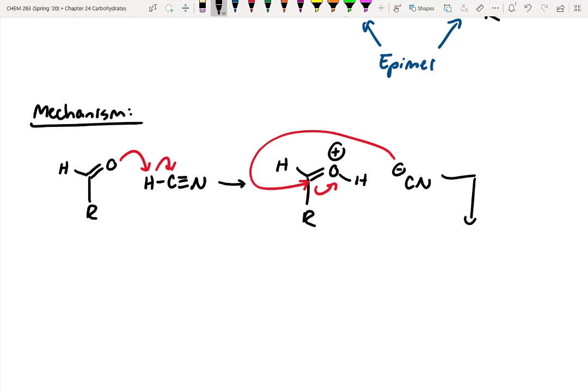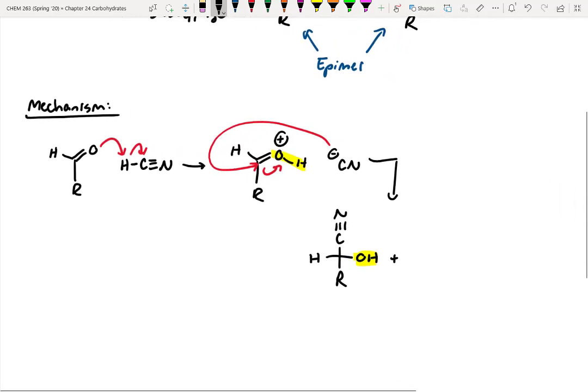Now when we do this, we could attack from either the top face or the bottom face, and that's really important to remember here. So what's going to happen is we're going to get this triple bond, but the OH group could either be on the right or the left. And what I mean by that is this OH group could be on either side. We really have no control.